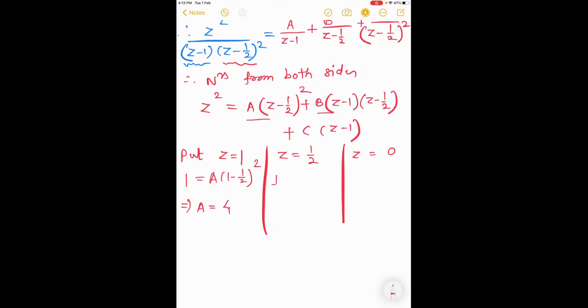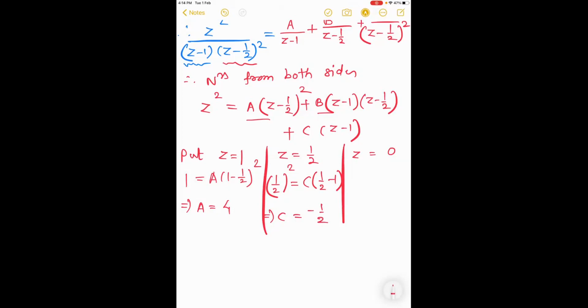So half square on the left side is equal to C into (half minus 1). Tell me, what is C? Minus 1 by 2. Yes.